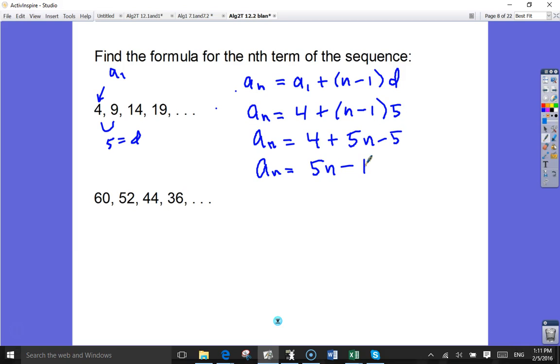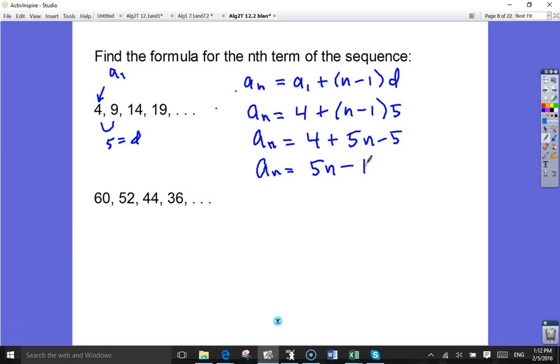But if I plug in n equals 1, 5 times 1 minus 1 is 4. 5 times 2 minus 1 is 9. So it looks like it's working, getting us the right terms. Speaking of f of x, this should look linear to you, right? It's kind of like y equals mx plus b.